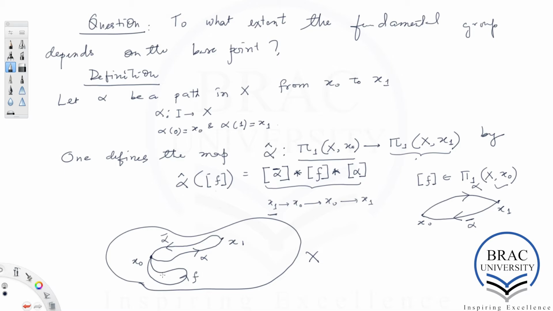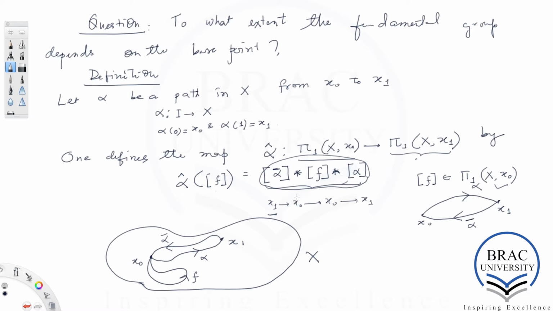So from this picture you see that this is a path from x1 to itself. Via alpha bar you go from x1 to x0, then via loop f you come back to x0, and then via alpha you go to x1 from x0. So together the product gives us a loop based at x1.